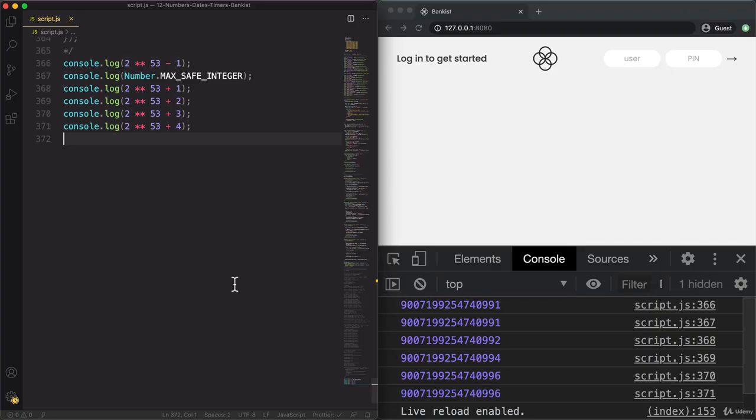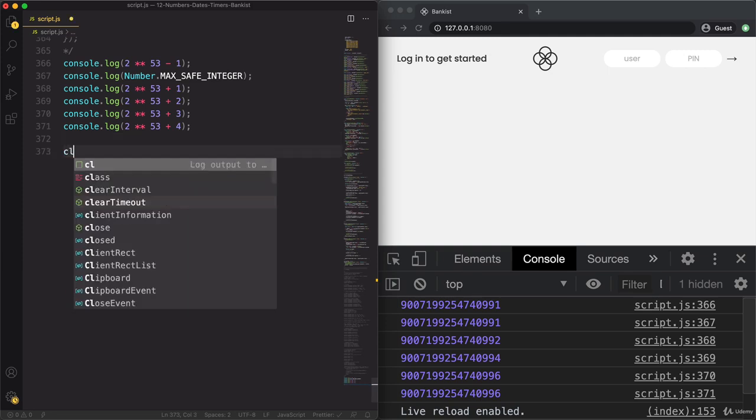And so we might, for example, from some API, get a number that is larger than this, and then we have no way of storing that in JavaScript. At least not until now. Because now, starting from ES 2020, a new primitive was added, which is called BigInt. All right? And BigInt stands for big integer, and it can be used to store numbers as large as we want. So no matter how big.